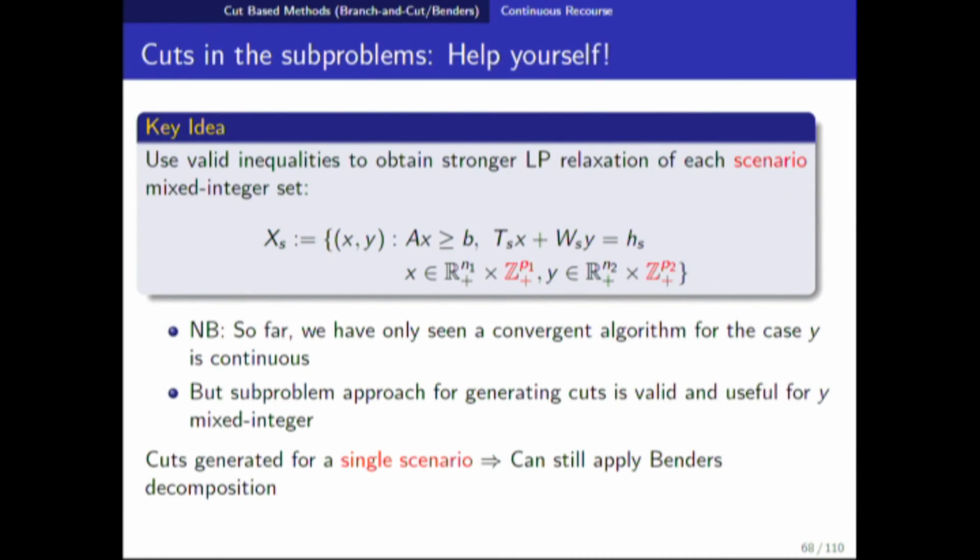But they're going to be valid for just, because they're only using the decision variables from one scenario, I can add them essentially to that scenario subproblem, and then I can apply Benders exactly the same way I did before. So I preserve the decomposition structure that I had before. That's the important thing. That's why I'm restricting myself to one scenario here.